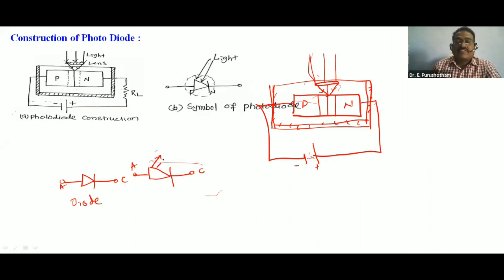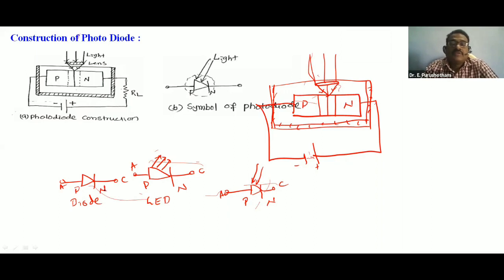Light emits from this diode, this is the LED symbol. In the photodiode, you observe the light is falling on the diode. Same anode, this is the cathode. This is P type, this is N type. You observe the difference between the normal diode, LED and photodiode.